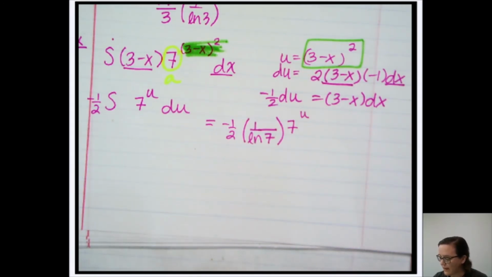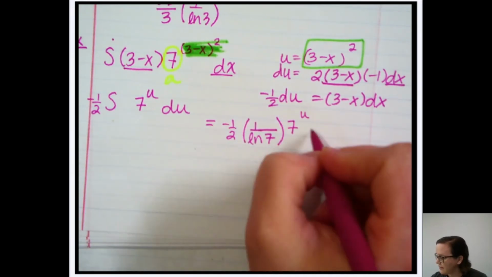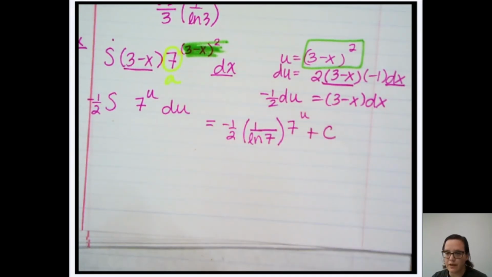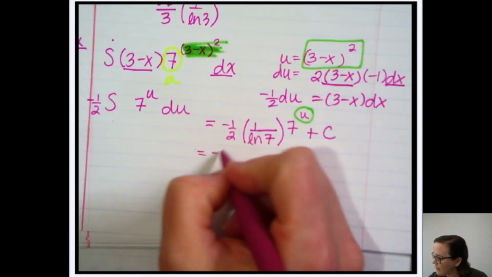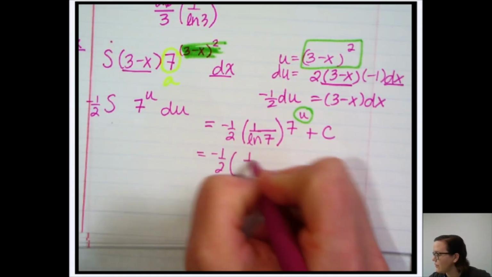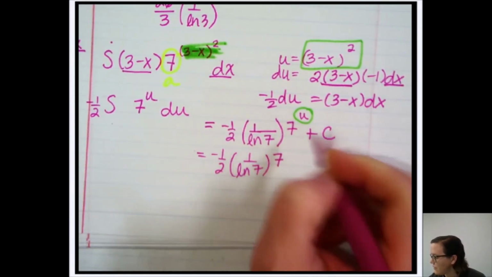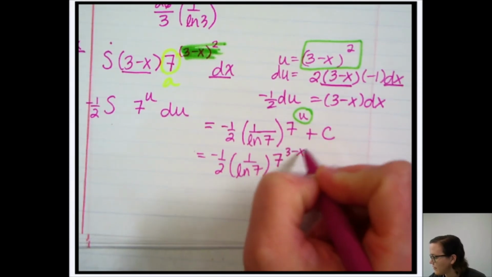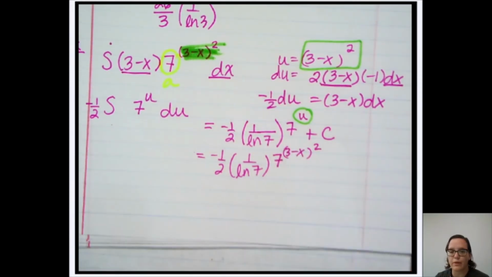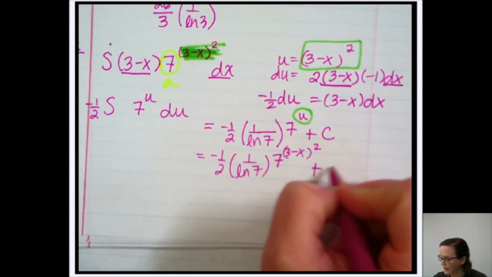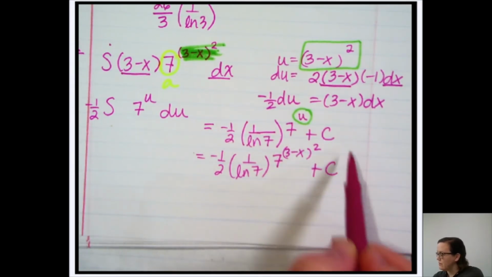Then we go back in and plug our u back in. So we get -1/2 times 1 over natural log of 7 times 7 to the (3 minus x) quantity squared. And then we can't forget our c.